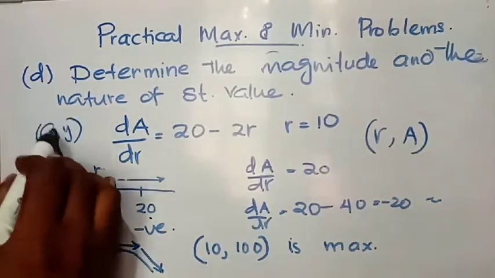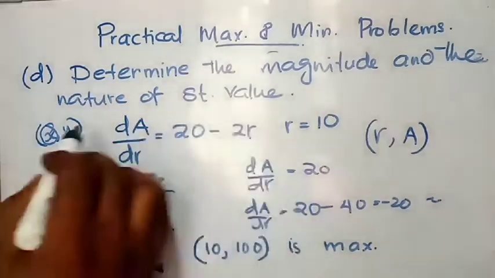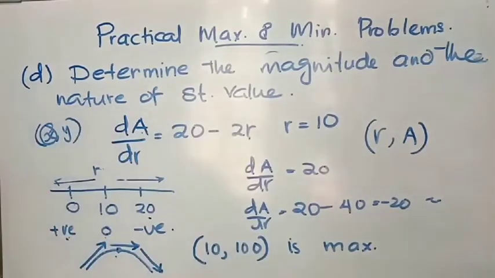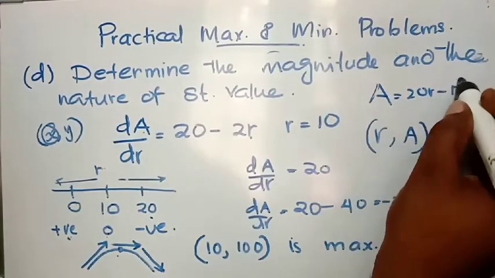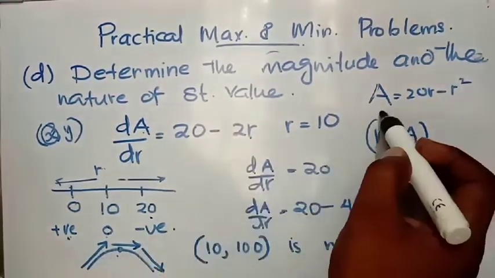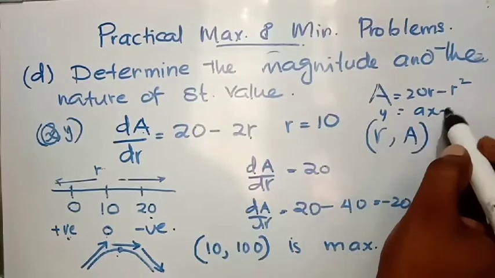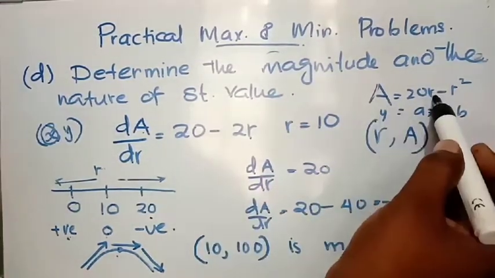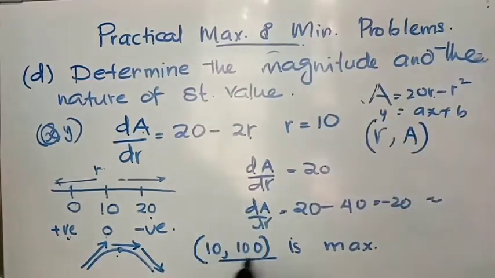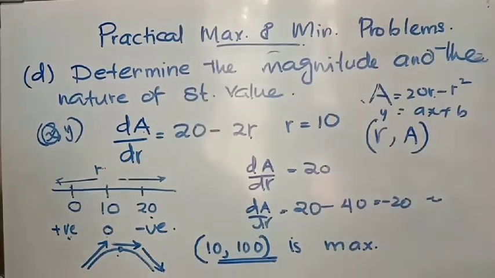Instead of x we have r, and instead of y we have A, because the equation is A is equal to 20r minus r squared. So our stationary point is (r, A). So the stationary point (10, 100) is a maximum.